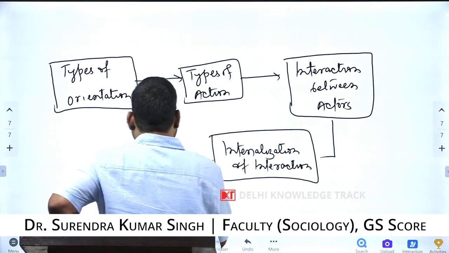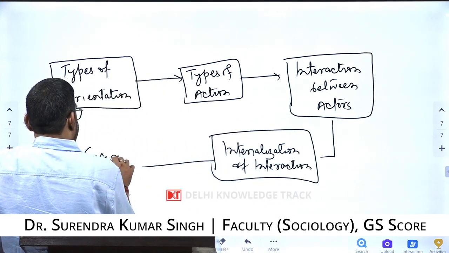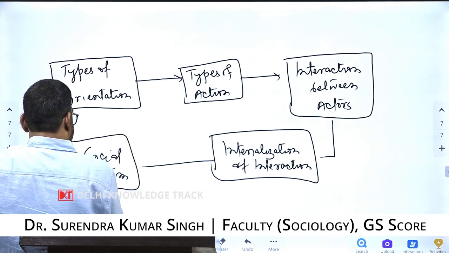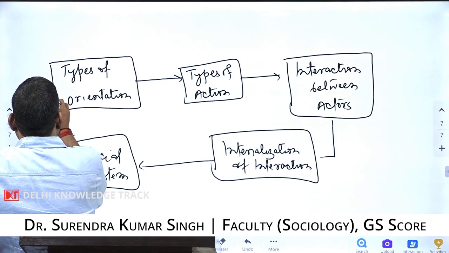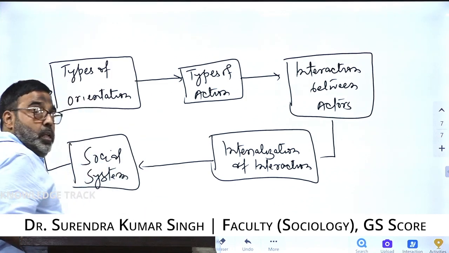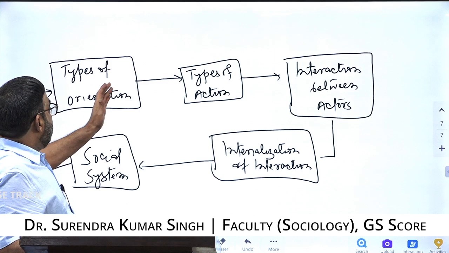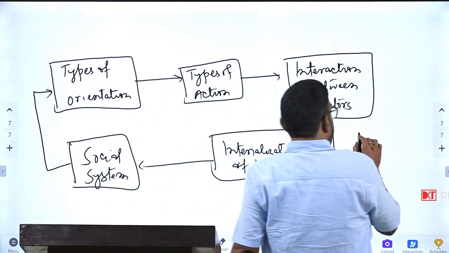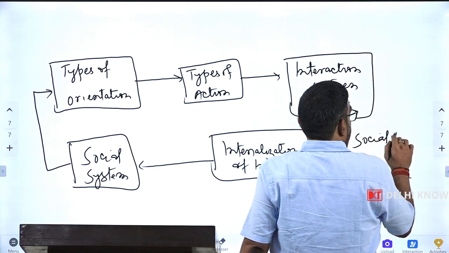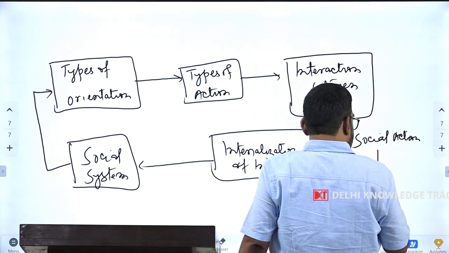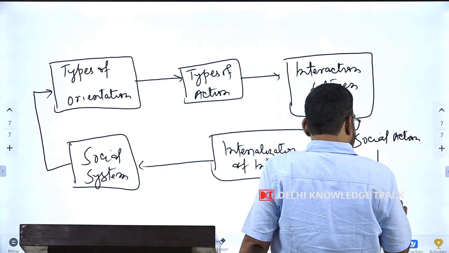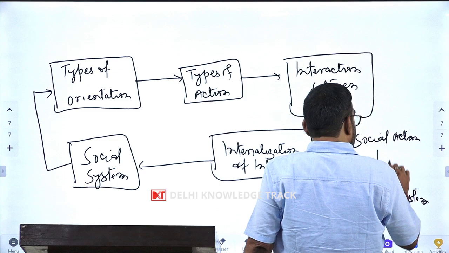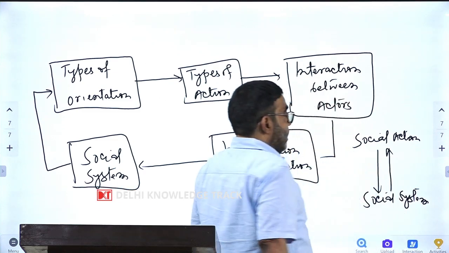This internalization of action is nothing but the social system, and in the social system once again we will be talking about the types of orientation, types of action, interaction, and this means social action creates the social system, and once the social system comes out, it basically affects the social action.